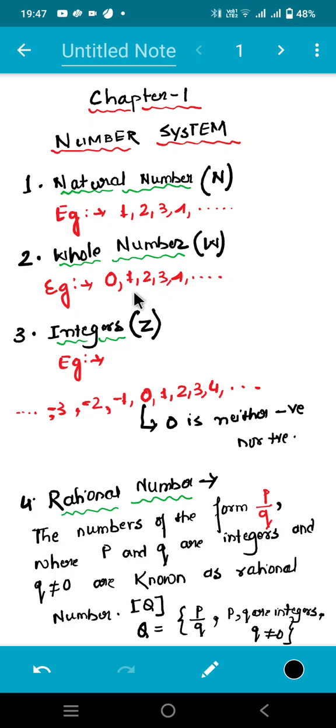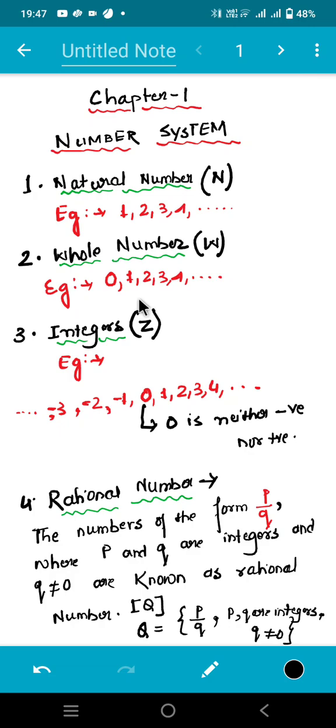Okay, so in this case, what is the least whole number? The least whole number is 0. And there are infinitely many whole numbers as well. Fine. So every natural number, we can say this as a whole number.